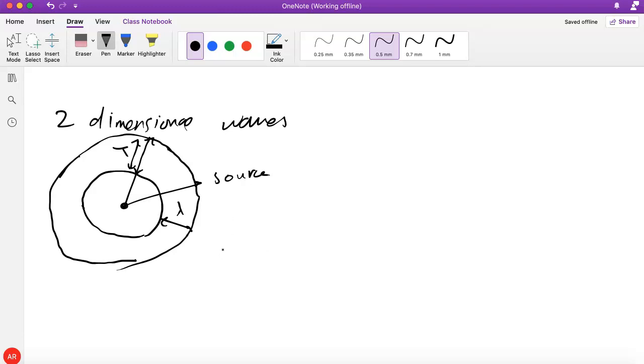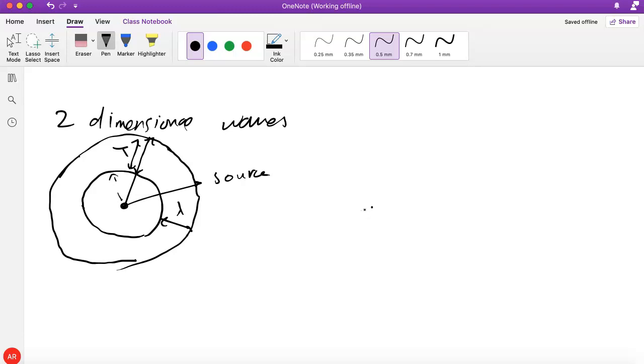Each wavefront, because the disturbances move away at constant speed, will form a circle. They will be the same distance from your source. Depending on what time you take your snapshot, this distance may not be the wavelength.